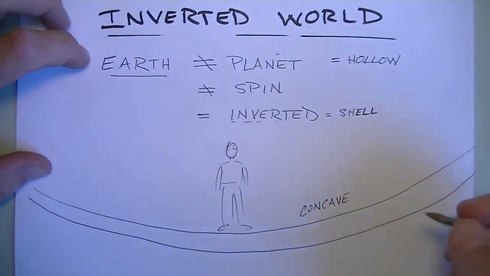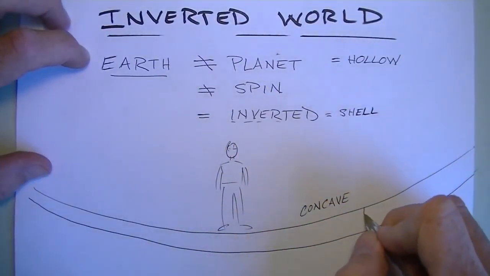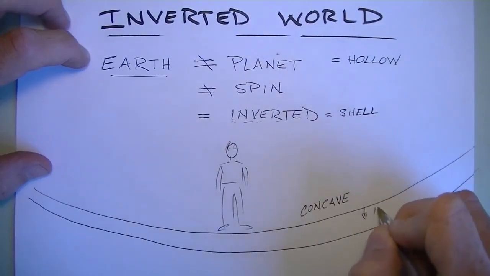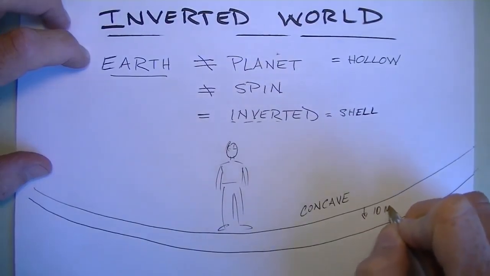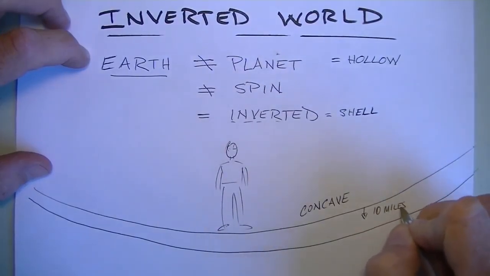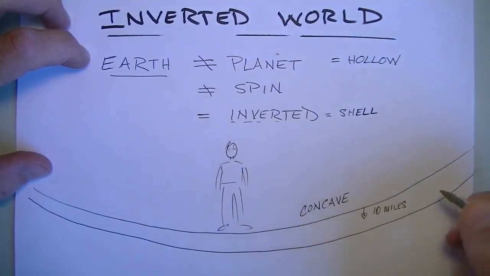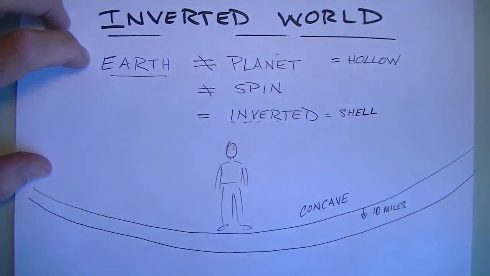Because firstly, man has not even drilled more than 10 miles beneath the surface of the Earth. Did you know that? And yet they can speculate. All their so-called knowledge of the center of the Earth and the core is all based on speculation.